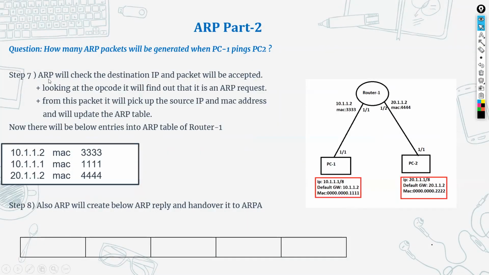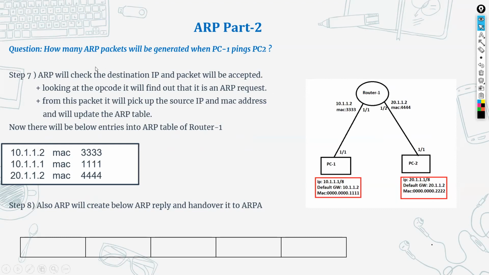So now ARP received this particular information, right? So ARP will check the destination IP. In the destination IP field, what is the IP address? It is 10.1.1.2. That is why this particular information will be accepted.